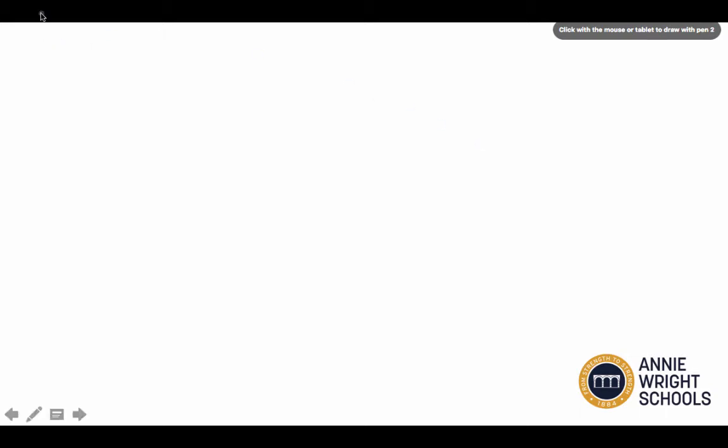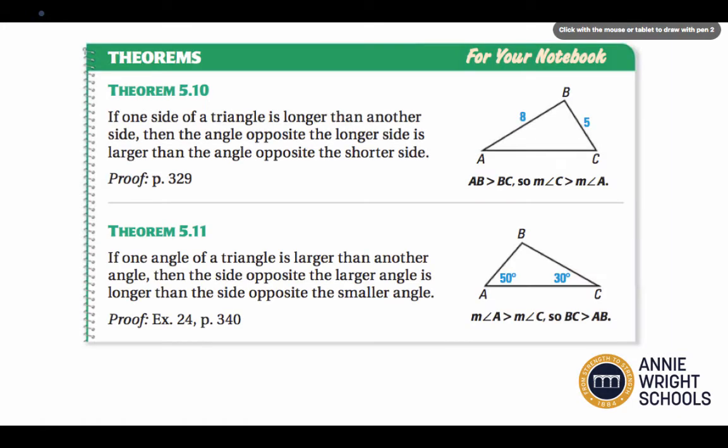Geometry students, since you already know what was in lesson 5.5, this video is going to be a little bit different than it normally would be. So we have these two theorems. I'm not going to call them theorem 5.10 and 5.11. This one I'm going to say: if a side is longer, then the angle opposite the longer side is larger. So I'm going to write it this way.